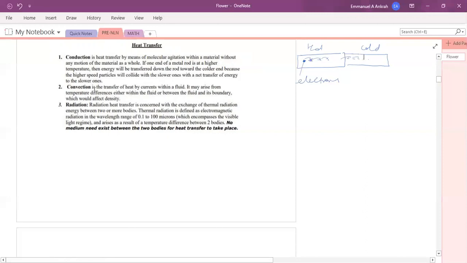Convection is the transfer of heat by currents within a fluid. Current within a fluid. So for convection, we're talking about fluid. Let's say you have water and you are boiling it, put it on fire.